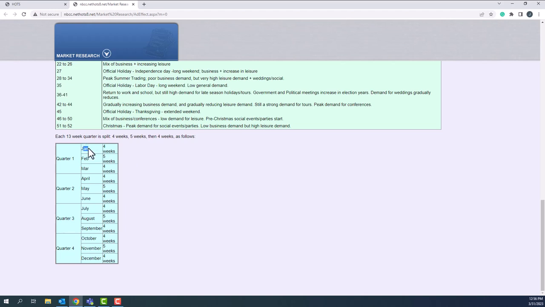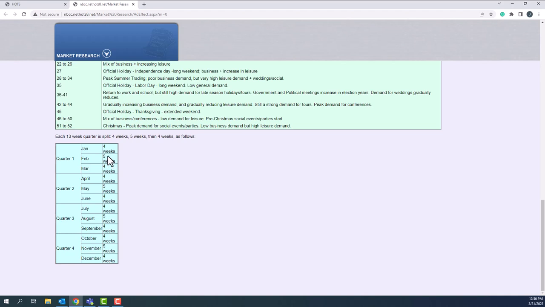So it considers 4 quarters of the year, and each is 13 weeks and goes in a rotation of 4 weeks, 5 weeks, 4 weeks. So January is the first 4 weeks of the year. The next 5 weeks are considered February, and the final 4 weeks are March. So you may see February with a little bit higher revenues than January or March because it does have that extra week in there to balance out the year.